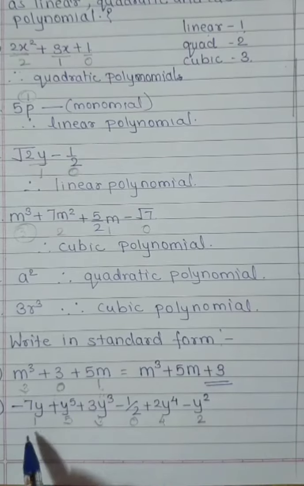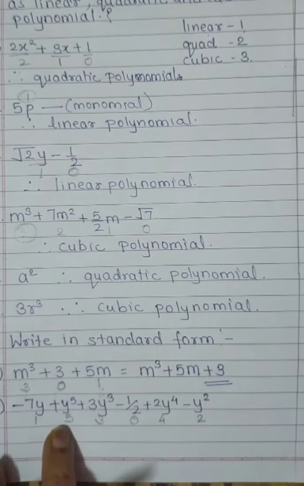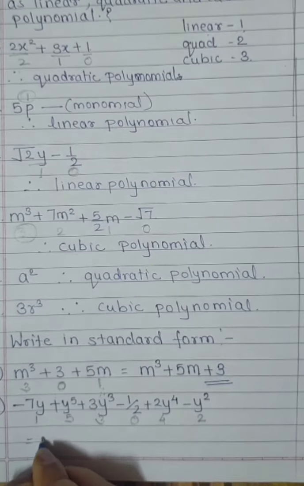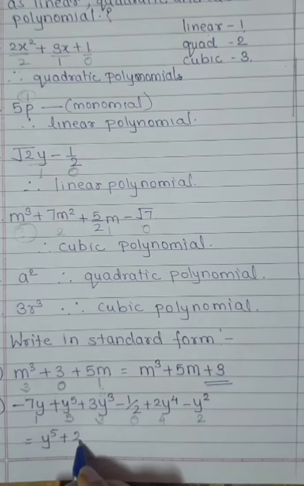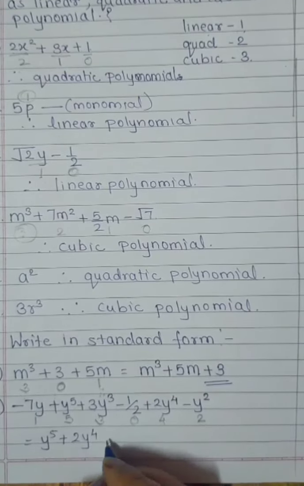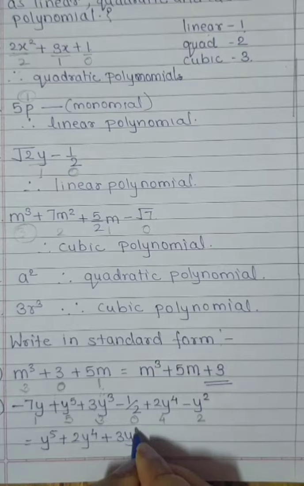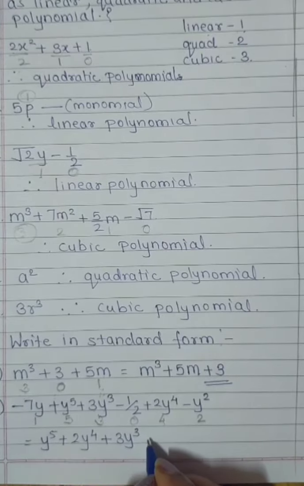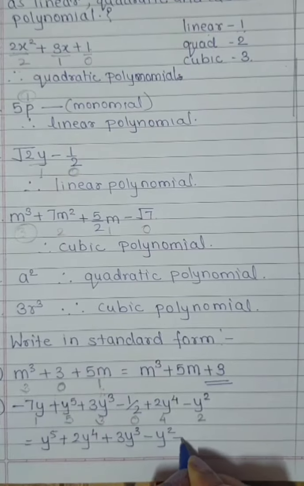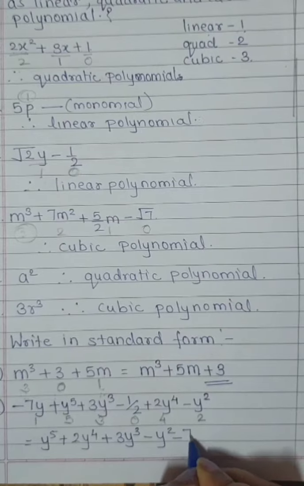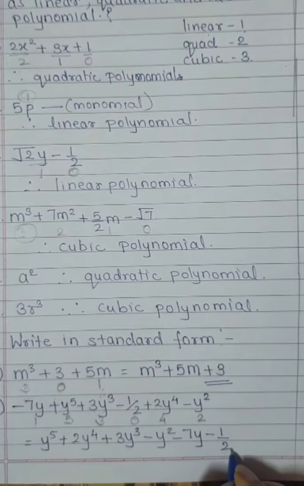Now we have to write this in standard form: first y to the 5, plus 2y to the 4, plus 3y cube, minus y square, minus 7y, and at the last minus half, which is 0.